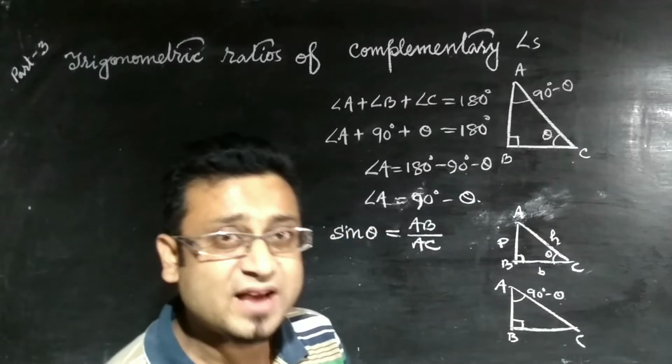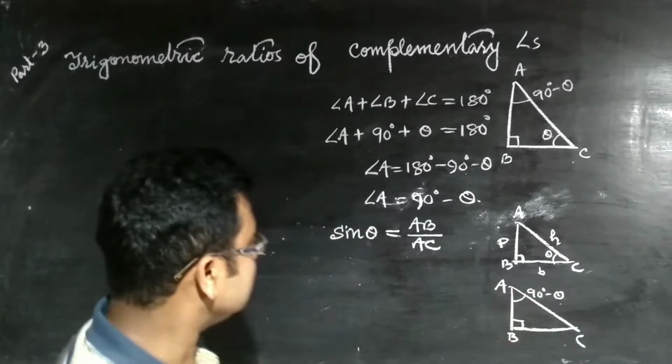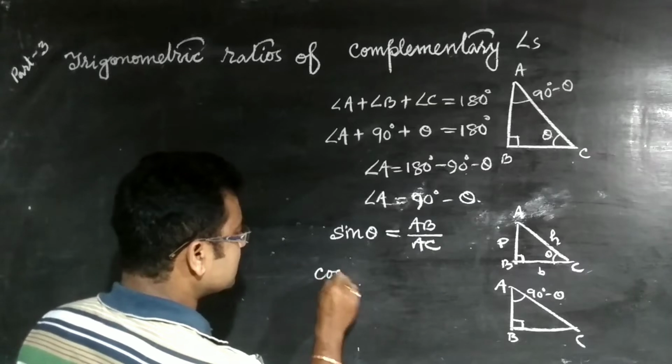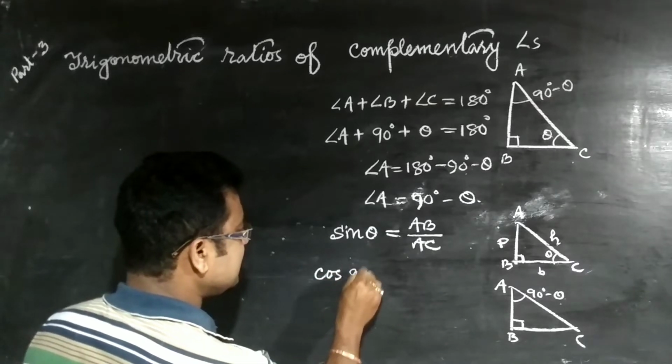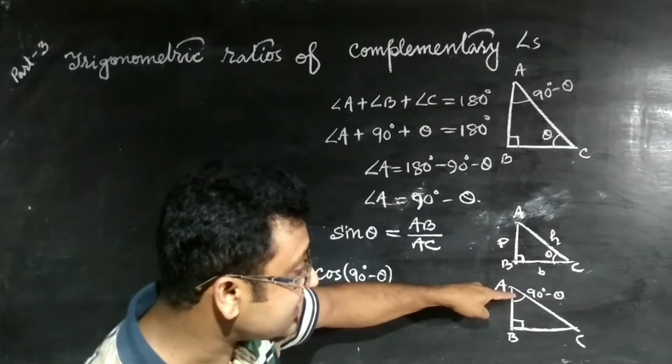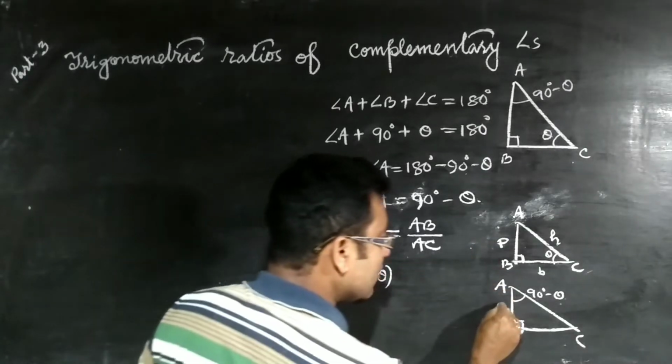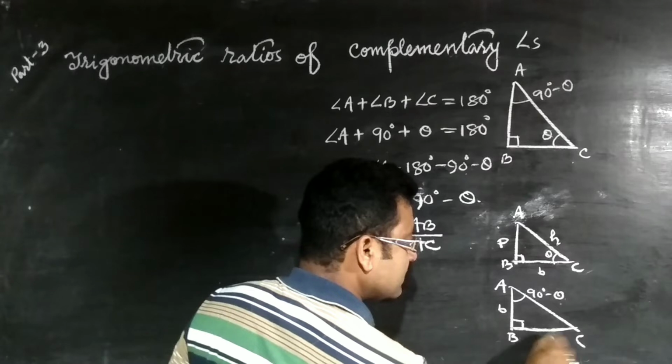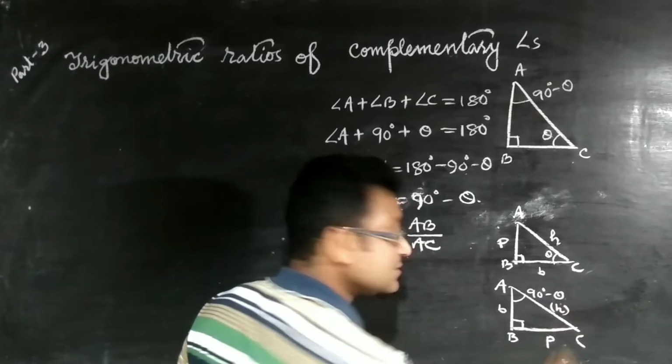See? Fine. Now from this triangle you find cos of 90 degree minus theta, because here the angle is this, and when you consider this angle, this will be your base, this will be your perpendicular, this will be your hypotenuse.